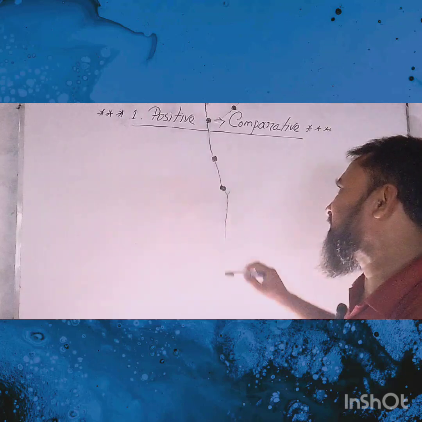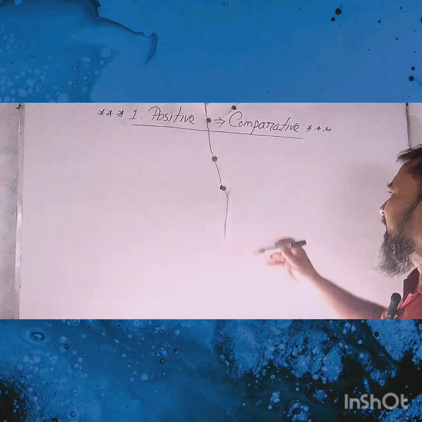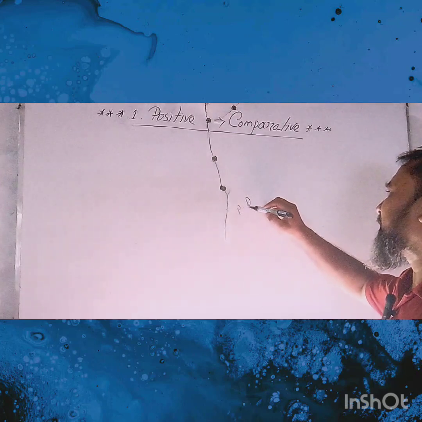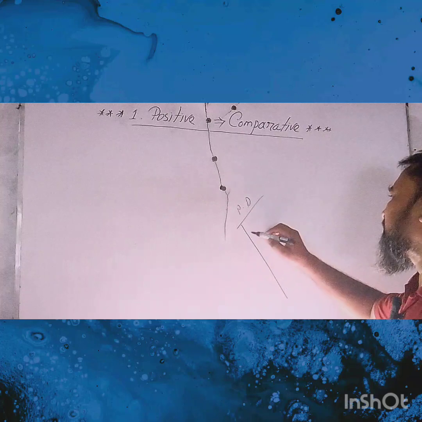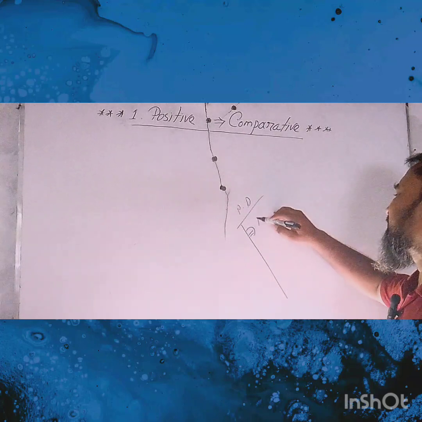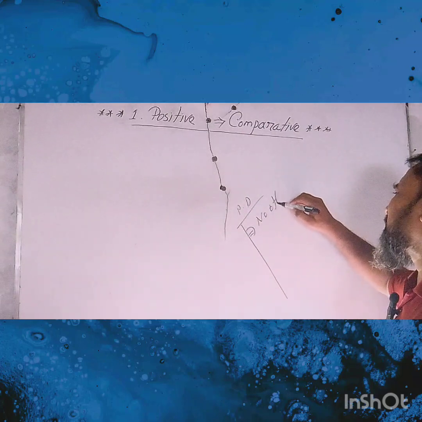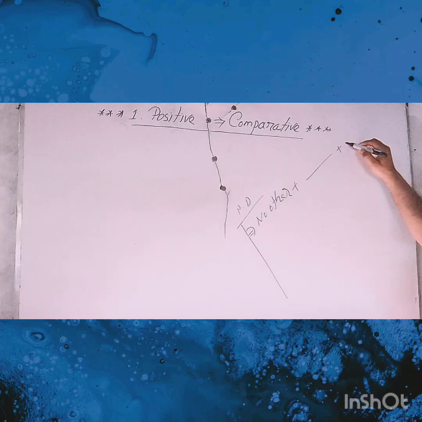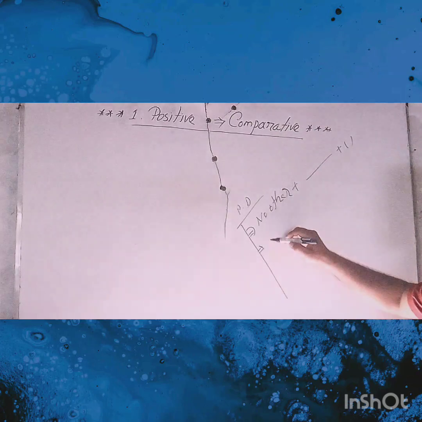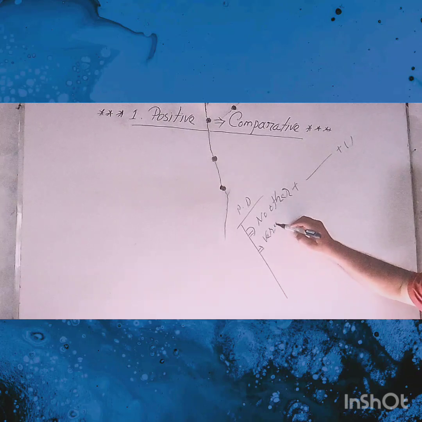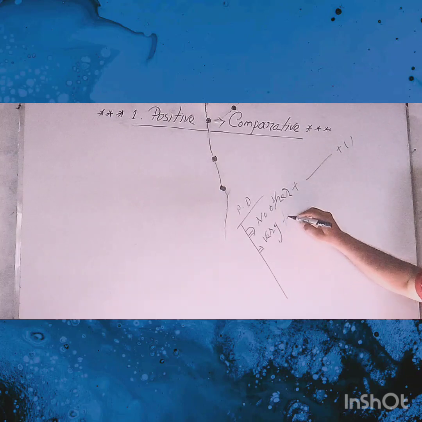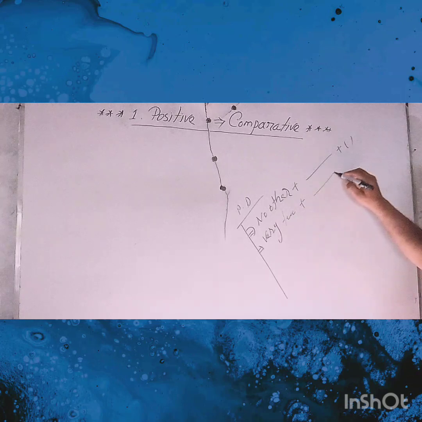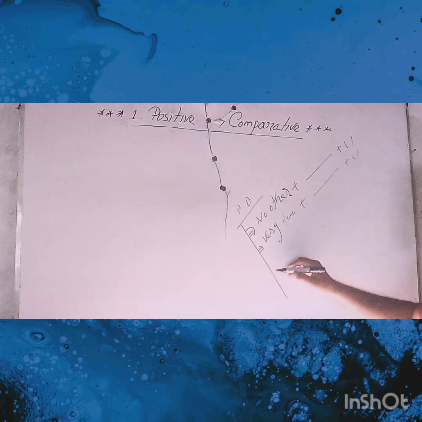You were told, my dear learners, that we can form a positive degree in three ways. Number one, starting with the word 'no other' and finally ended with a full stop. Number two, starting with the words 'very few' and finally ended with a full stop.